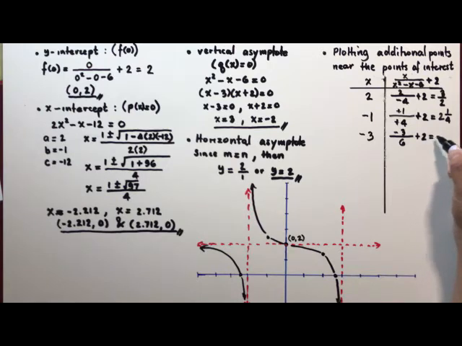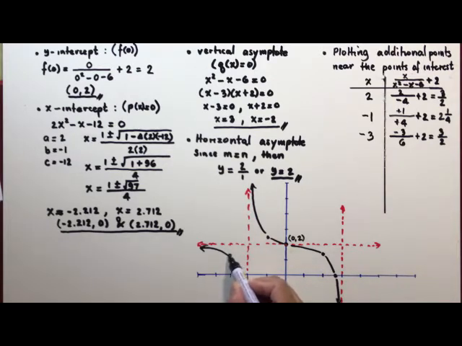So 2 minus 1/2 is 3/2. So at x equals negative 3, that's 3/2. So it's here. We're sure that it's below this horizontal line because this line is 2 units above the x-axis. So this is 1 and 1/2.